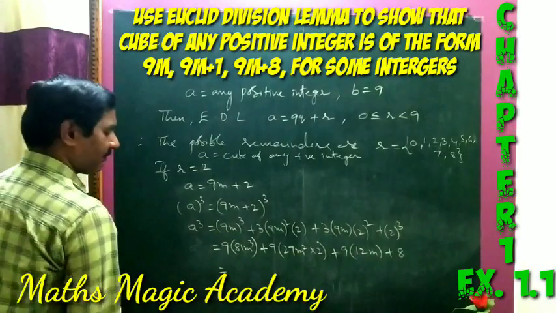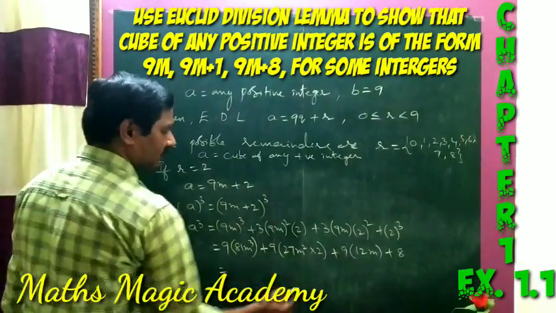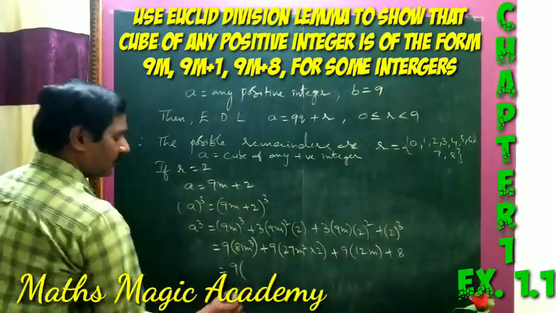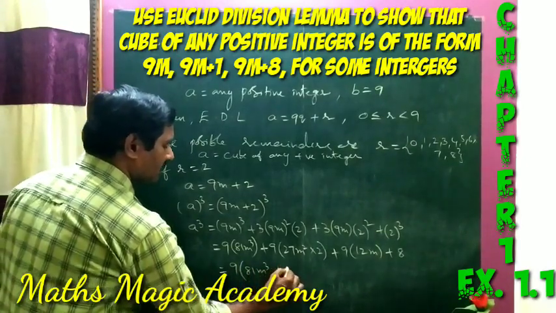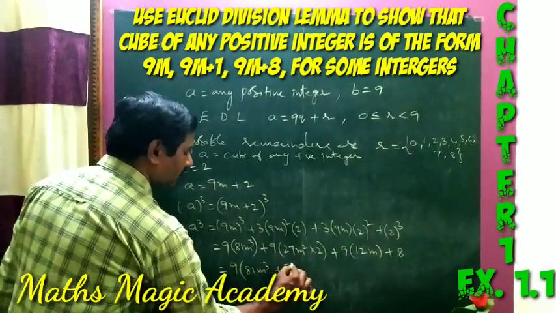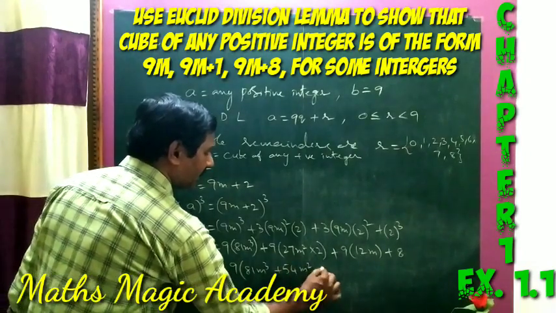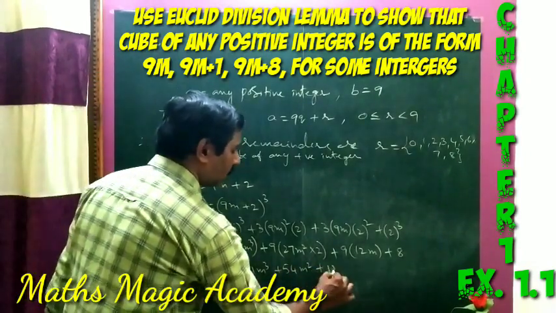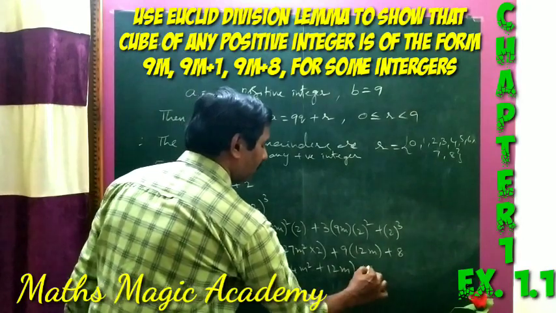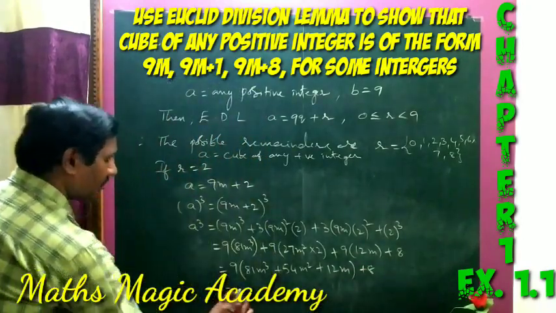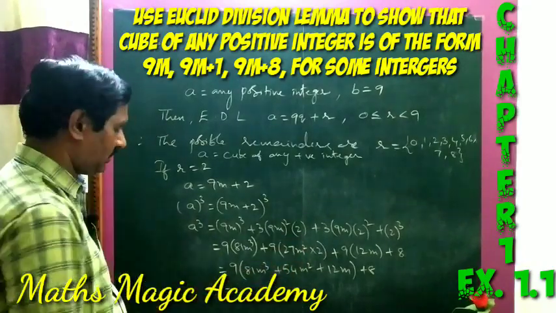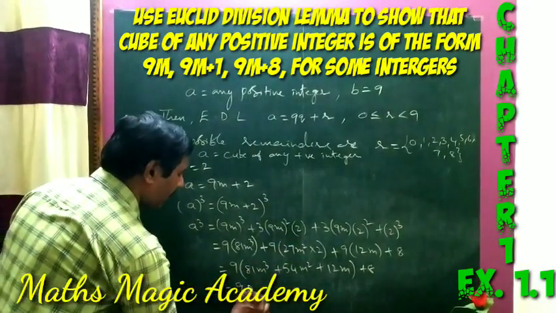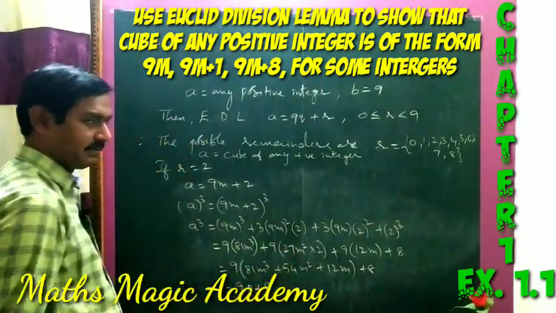Now here 9 is common, and 81m cube plus 54m square plus 12m plus 8. What did we get? This whole bracket we assume as p, then 9p plus 8.